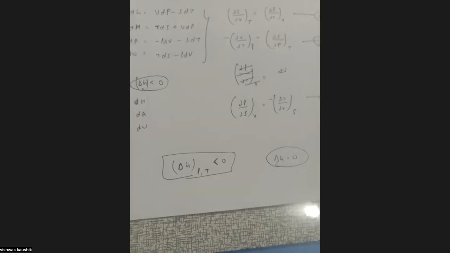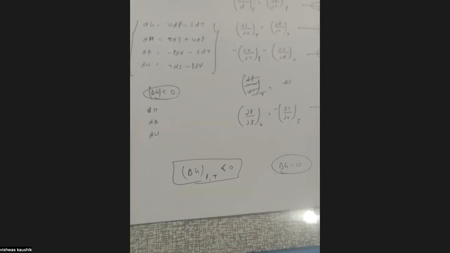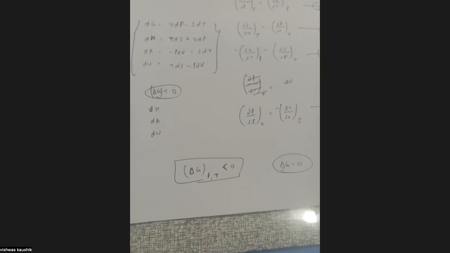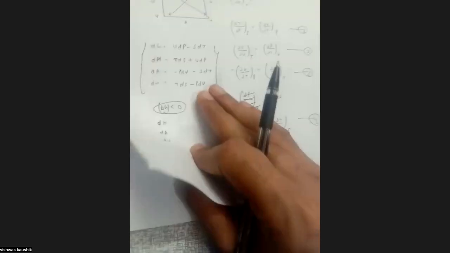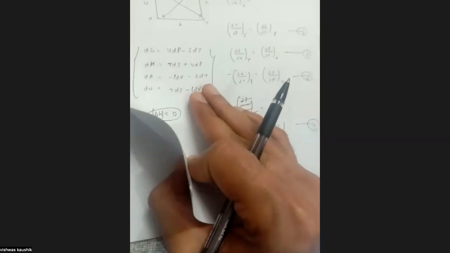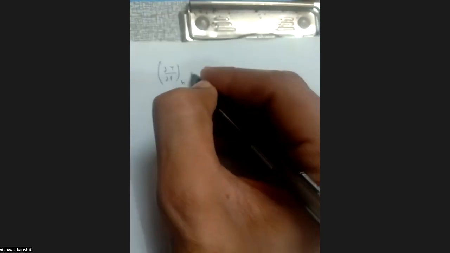This is the major relation of the Joule-Thomson effect. It is an isenthalpic effect, and the Joule-Thomson coefficient is equal to the change in temperature with change in pressure at constant enthalpy. If the value of the Joule-Thomson coefficient is greater than 0, there will be cooling, and if it is less than 0, there will be heating.